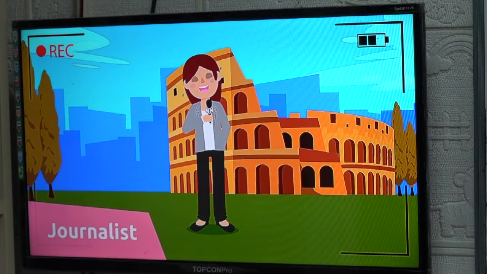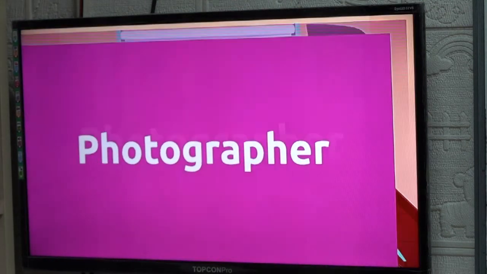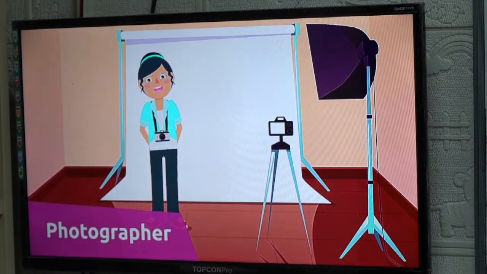They work at the radio or television station, or for a magazine and newspaper as well. Journalist. Journalist. Photographer. Photographer. Photographers take photos with their camera. Photographer. Photographer.